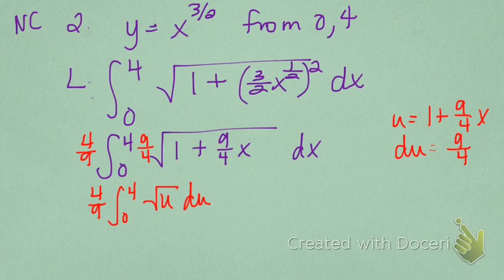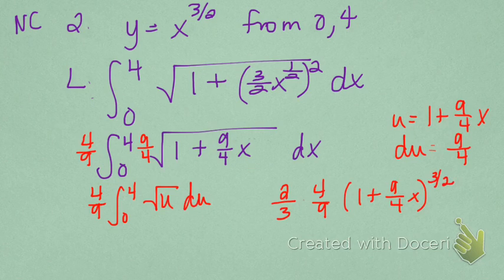Now I want the antiderivative of u to the 1 half, which would be 2/3, leave our 4/9, times u to the 3 halves. Then I have to evaluate at 0 and 4.